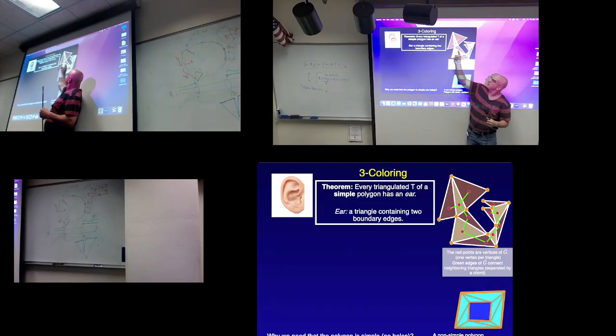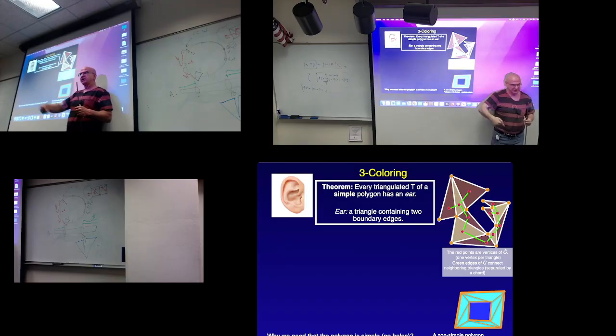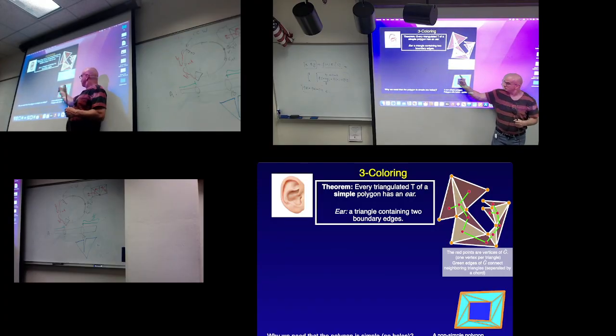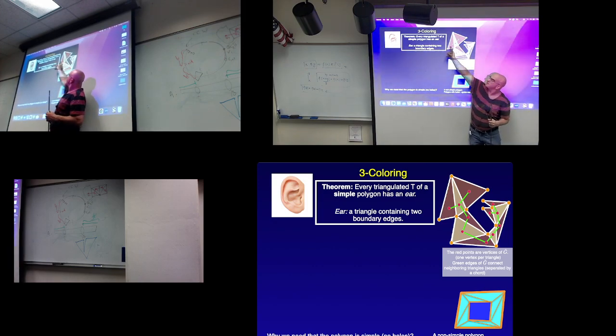So as I'm doing this work, at each iteration, I'm discovering one new triangle. I never go back to where I started from, because that would mean a cycle. So at some point you run out of triangles, which means that there is a triangle that I was able to go into via an edge of the triangulation, but I cannot leave.